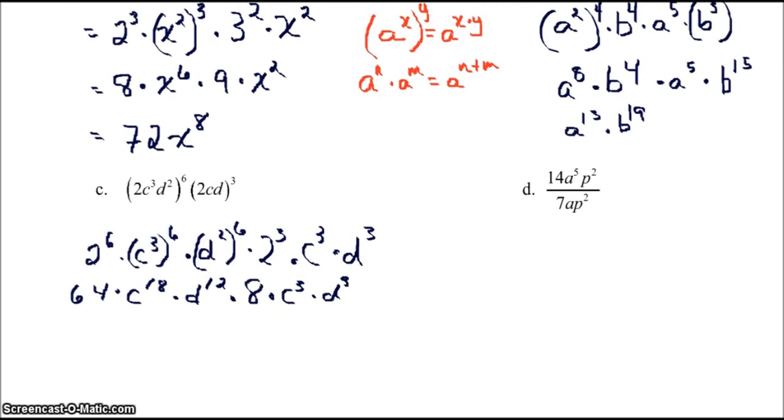Now we can multiply the 64 times the 8 and get 512. C to the 18th times c cubed, that's c to the 21st. D to the 12th times d cubed is d to the 15th.